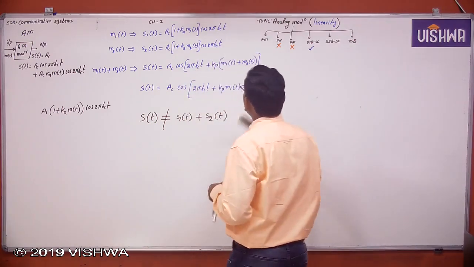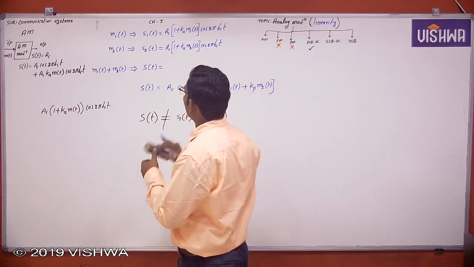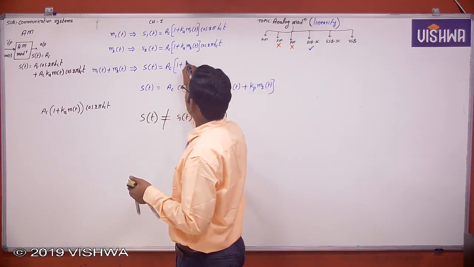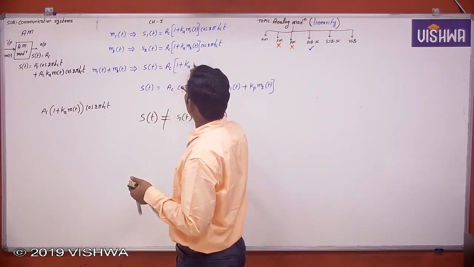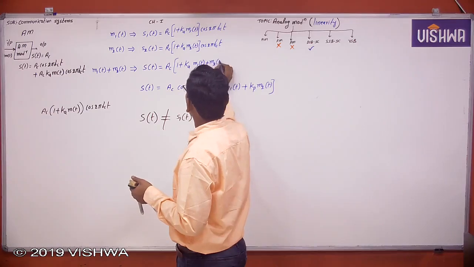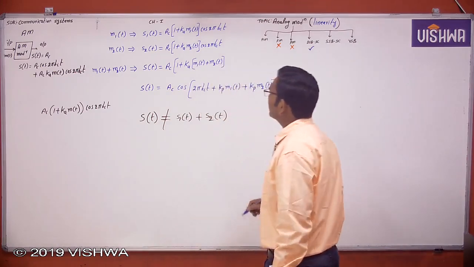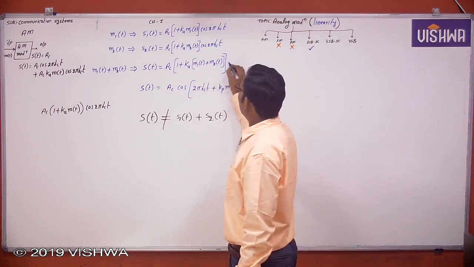For m1 of t plus m2 of t, the output is equal to Ac into 1 plus Ka into m1 of t plus m2 of t, into cos 2 pi fct.